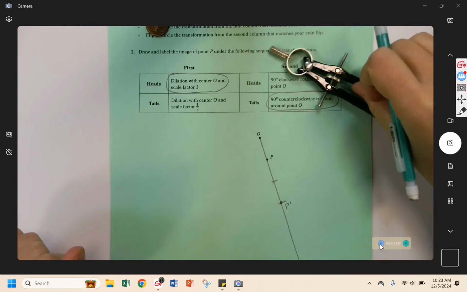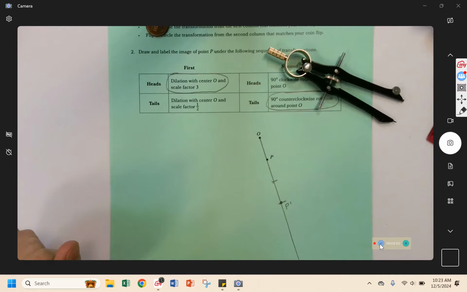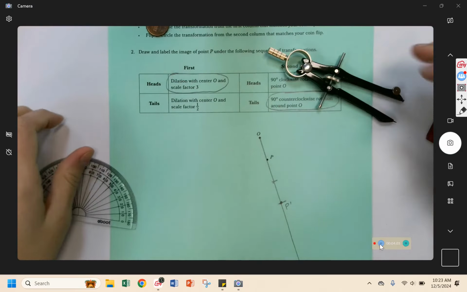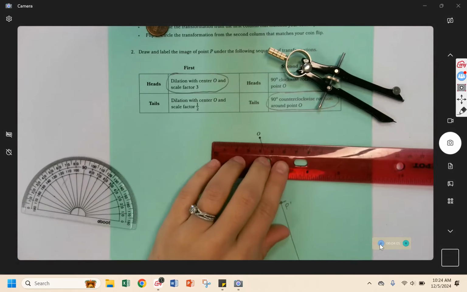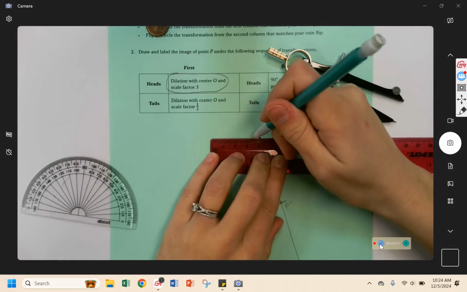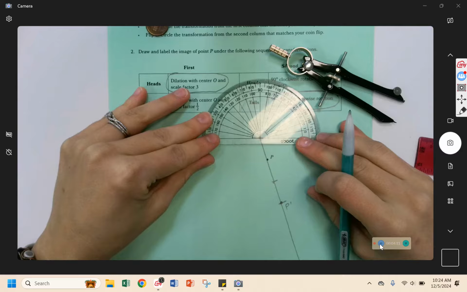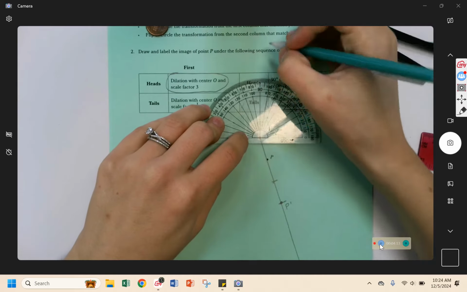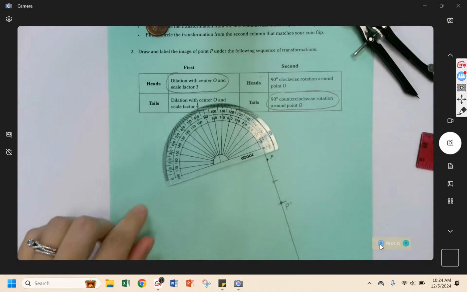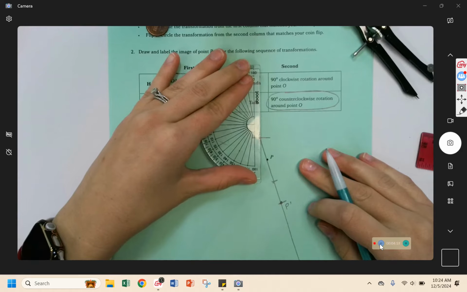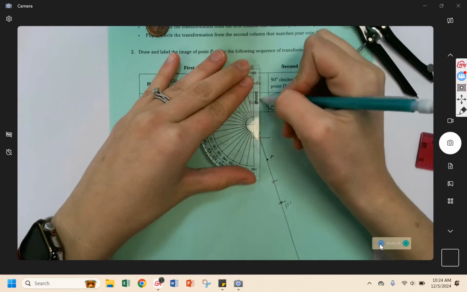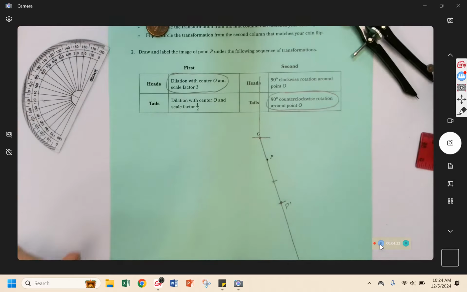So you're also going to need a protractor. So we're going to draw a straight line through O. Then line that up with our protractor, create a mark at 90, connect them, and then we'll use some tracing paper to rotate.